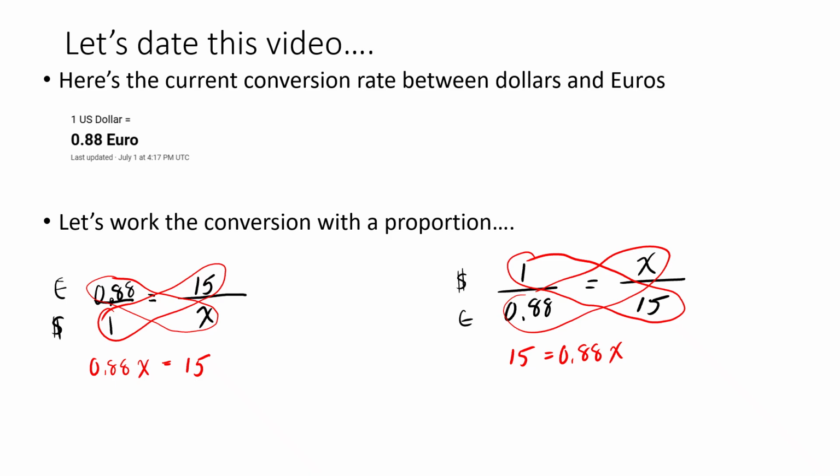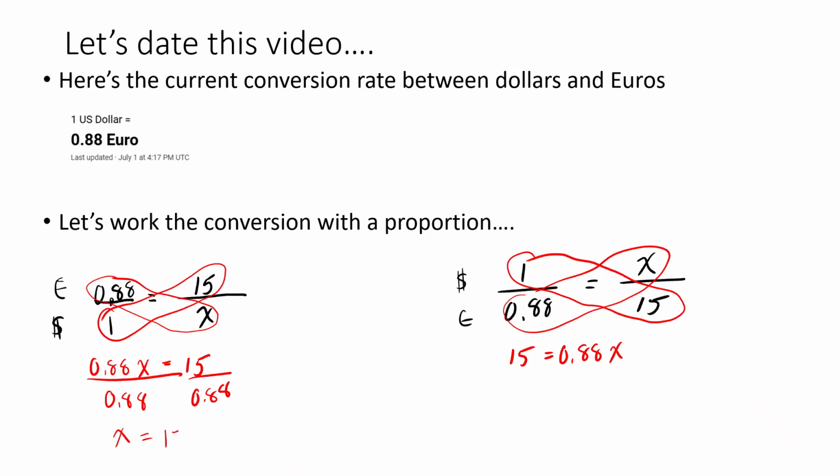What's going to throw you off is if you say, I want euros on the top and dollars on the bottom, and you do one of your ratios that way, and then you flip the other ratio upside down, because now you won't have the same situation with the cross products. And then we will divide both sides by 0.88. And this ends up being 17.045.